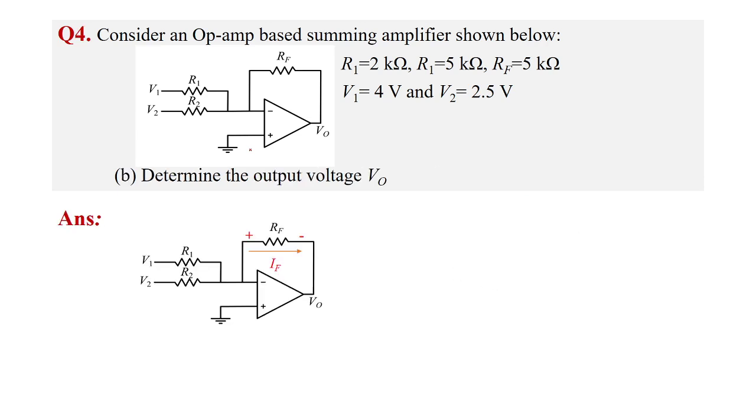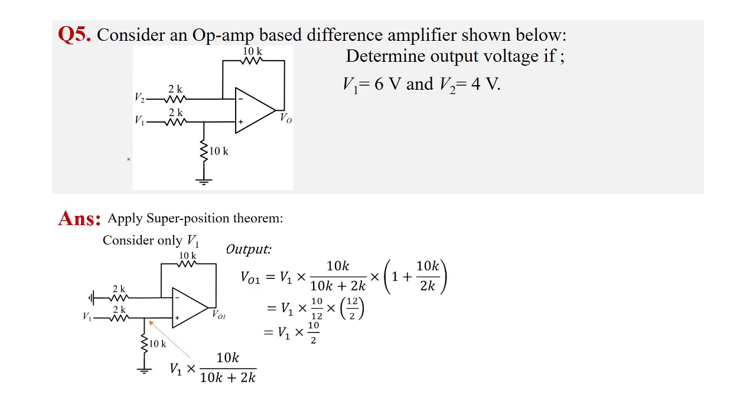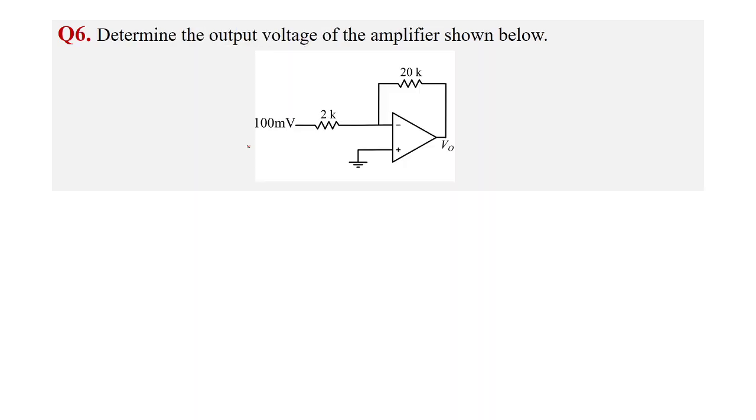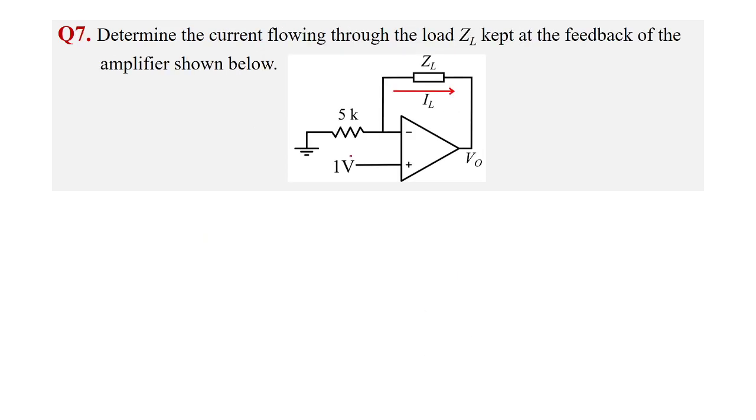Okay. Also, there is a differentiator, I mean difference amplifier, I don't remember, but if there is, the easiest method is to apply the superposition theorem. Then you can easily solve it. Also, I think there is a non-inverting configuration amplifier, similar to this inverting and non-inverting.